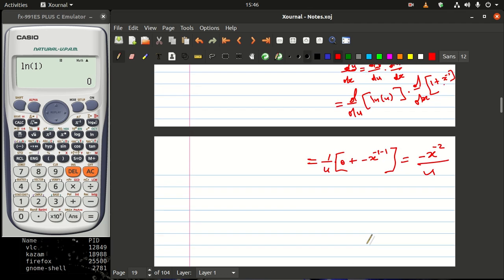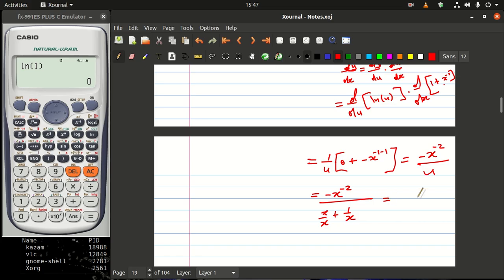And if you look carefully here, once you have a negative exponent, it means this goes to the denominator. Okay, let's leave this as it is for now and deal with u first. There's something that I'm seeing, that's why I'm doing that. So I'll end up having minus x raised to minus 2 divided by u. What was my u? My u was 1 plus 1 over x, and 1 is the same as x over x.